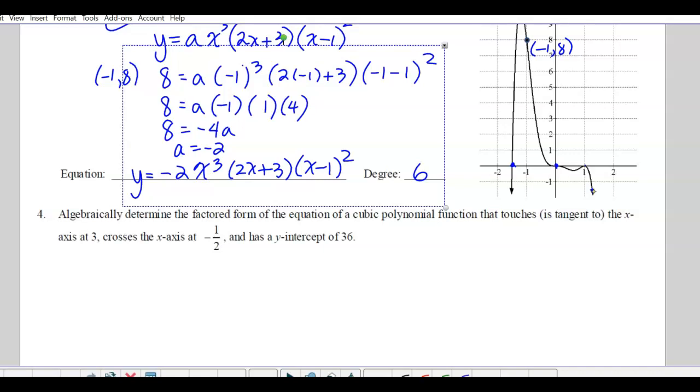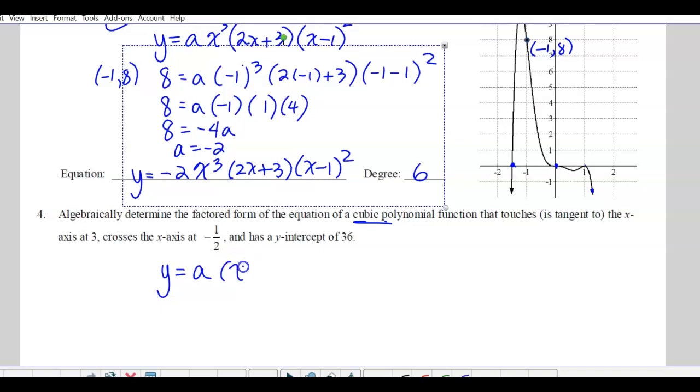Okay, the next one, algebraically determine the factored form of the equation of a cubic polynomial function that touches, so is tangent to the x-axis at 3, crosses the x-axis at negative 1, and has the y-intercept of 36. So it's cubic, so you know that already. So y equals a, we don't know that.